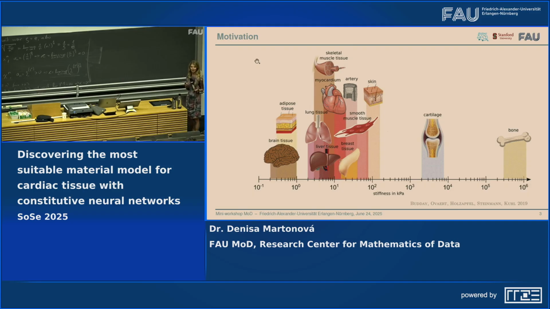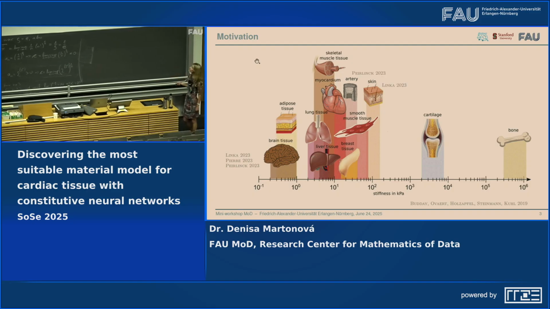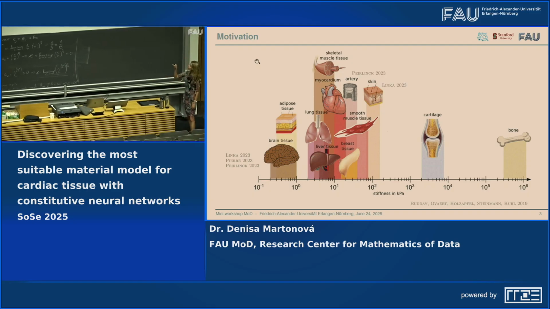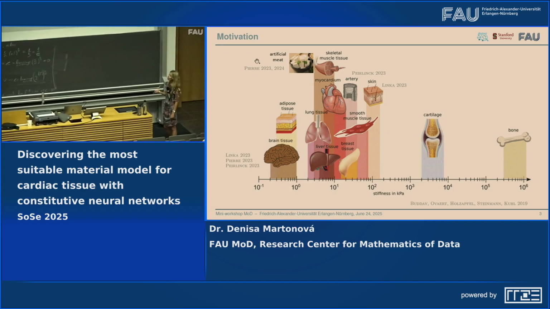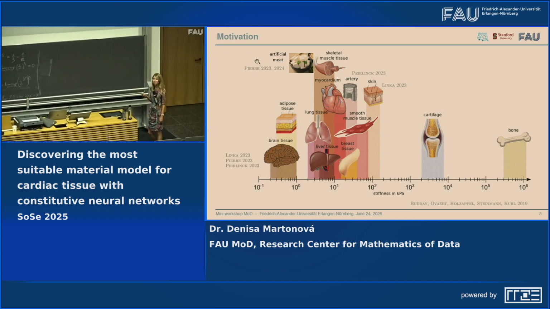As you have seen before, we engineers are always looking for material models, which we can then feed into our equations. My colleagues have found with AI different models for almost all of the tissues. For example, for brain, arteries or skin, or even, as you also have seen before, for artificial meats like tofu or tofurkey.